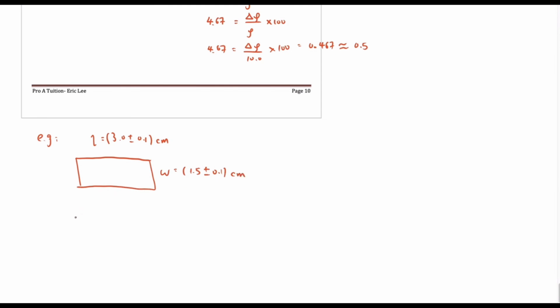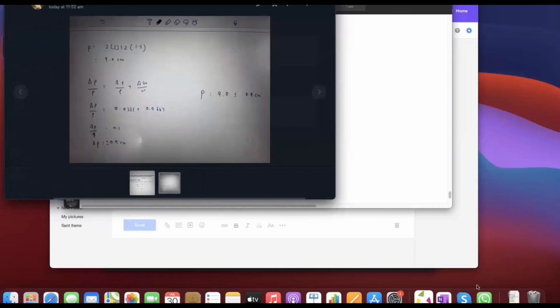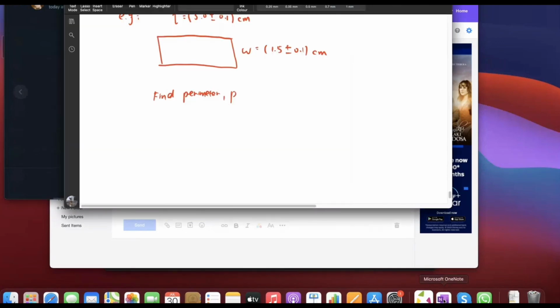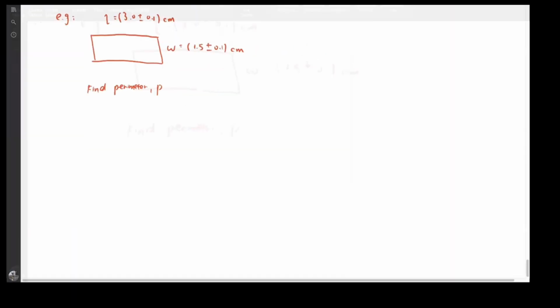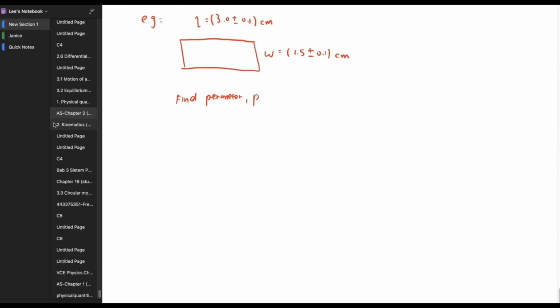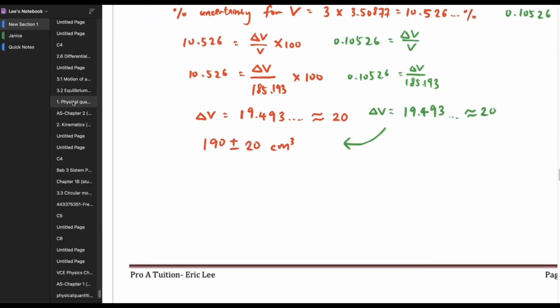You have to find the perimeter P, and put it in the same format together with the absolute uncertainty. Now you take a try for this. The idea is always add up, but there is a small difference between what to add. That is the thing I was trying to say just now.